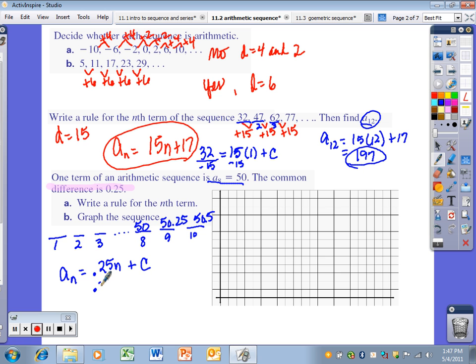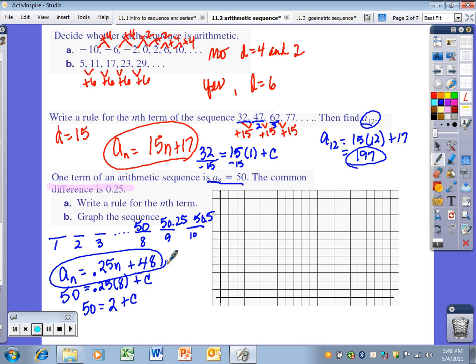So I'm going to say 0.25 times 8 plus what gives me that 8th term, which is 50. Well, a fourth of 8 is 2 plus what gives me 50? 48. So I can replace this c with a 48. And I have my rule.